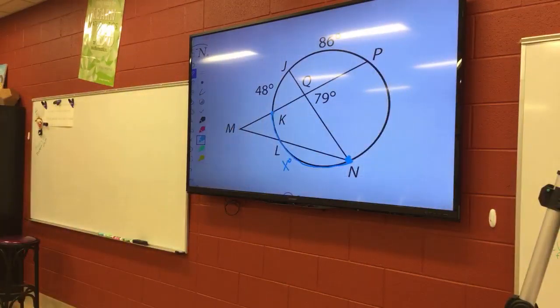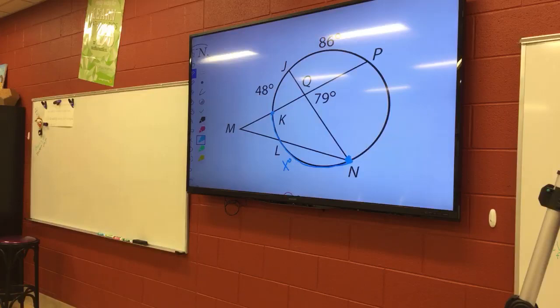You would start out trying to find the easy part. You're going to look at a different part of the circle. To find KN, find PN first.